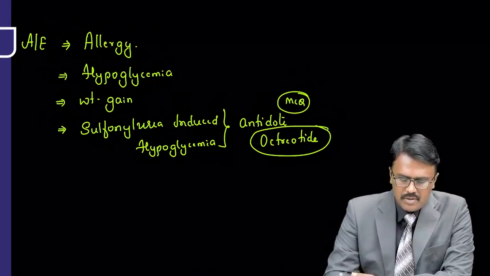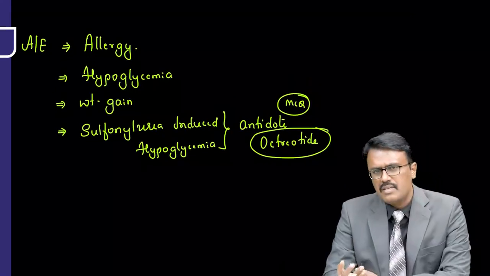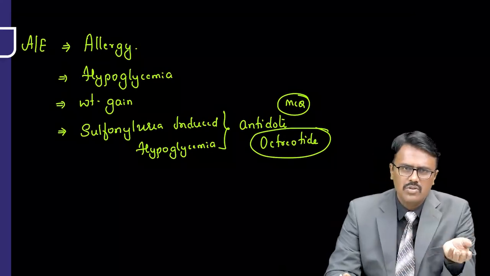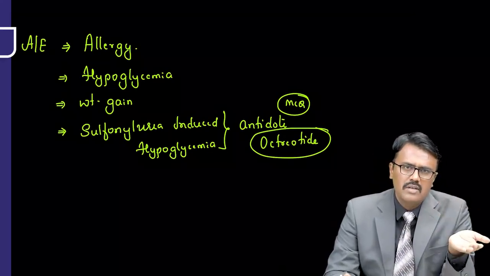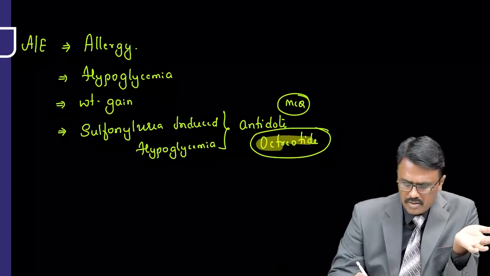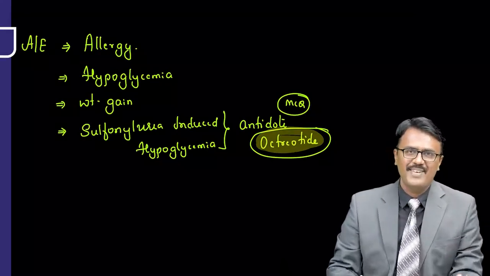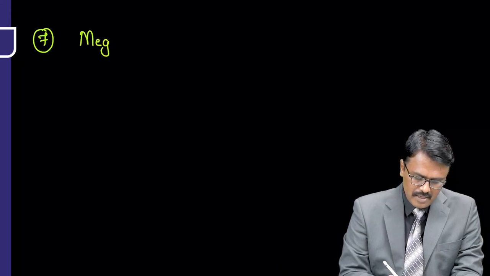If there is sulfonylurea hypoglycemia, the antidote is octreotide. If there is hypoglycemia, you can give glucose only. But if there is toxicity and hypoglycemia because of sulfonylurea, the antidote that can be used is octreotide. So that is about sulfonylureas. Moving on to the next target, the seventh target, they are called meglitinides.